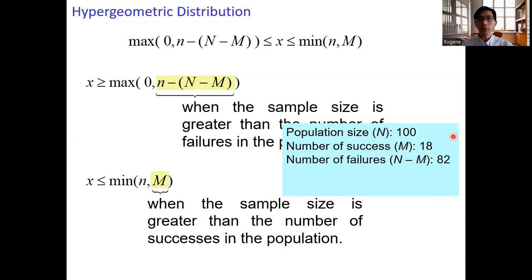And therefore, the number of failures in the population is 100 minus 18, which is 82. And suppose the sample size is 25. The total number of successes in the population is 18, and we have a sample size of 25.